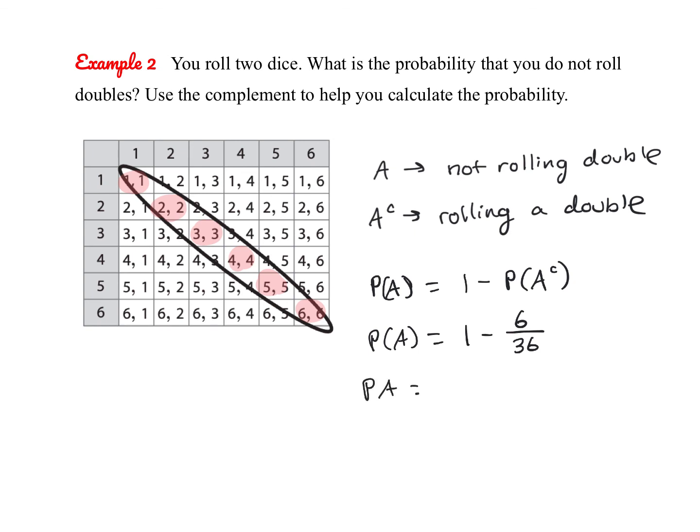So the probability of A would simply be 1 minus 1/6, which is 5/6. You can see that it's simply faster for us to work with the times that are not A than all of the times that are A.